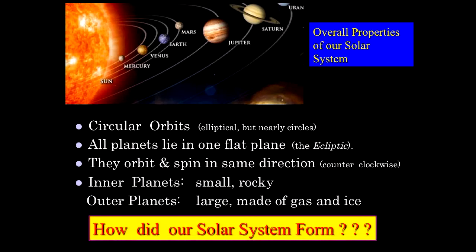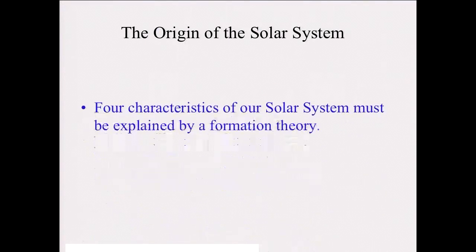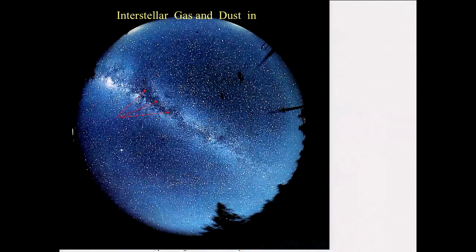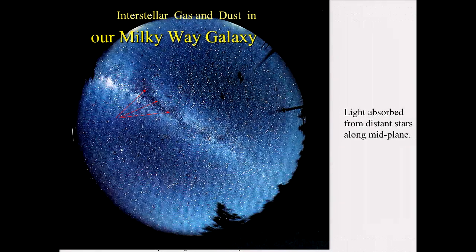So we should be able to ask the question, how did our solar system form to have this architecture, if you will? And the answer is that you can learn something about the formation of our solar system by looking out into space and seeing how other solar systems are forming in our Milky Way galaxy.